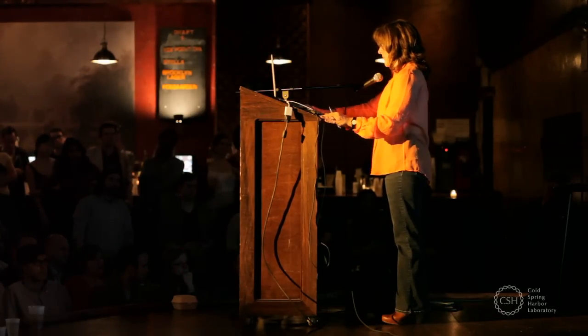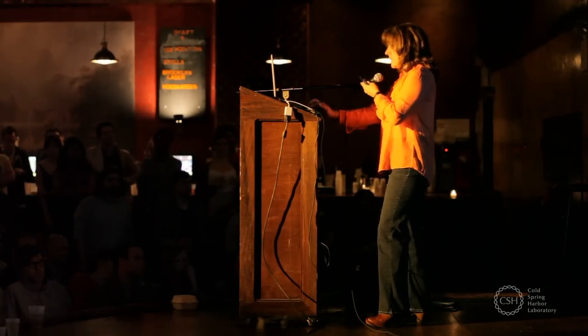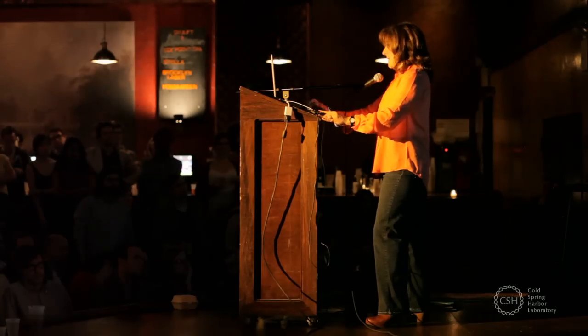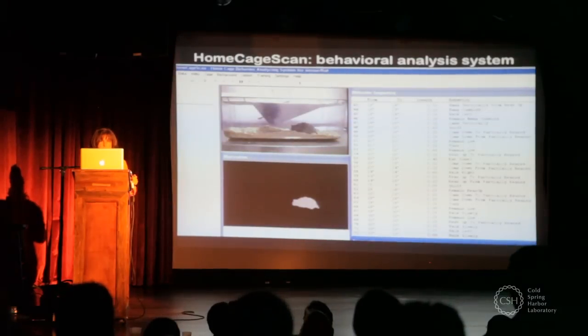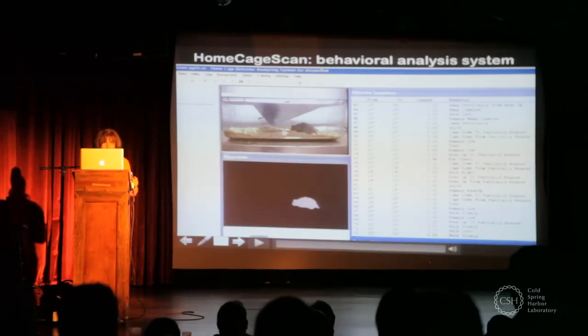And so to do this, we got our hands on some really nice, sophisticated video tracking equipment. And this is shown here. So basically this is showing a single mouse. Let's try to go back. I can show you this movie.